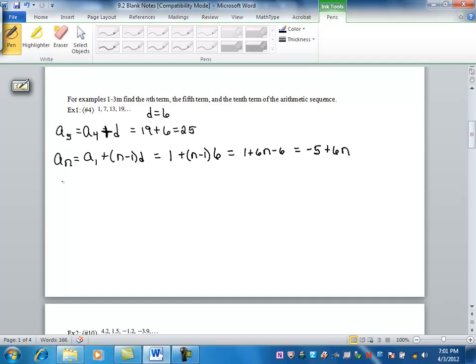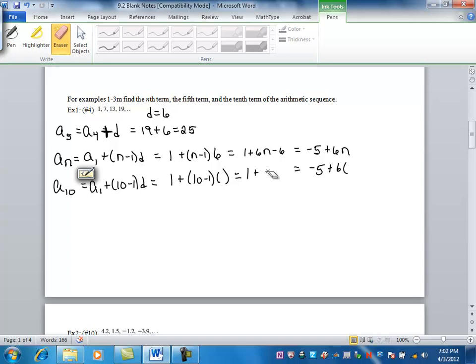To find the 10th term, a sub 10 would be a sub 1 plus 10 minus 1 times the common difference, which is 1 plus 10 minus 1 times... Sorry, my common difference is 6, not 9.